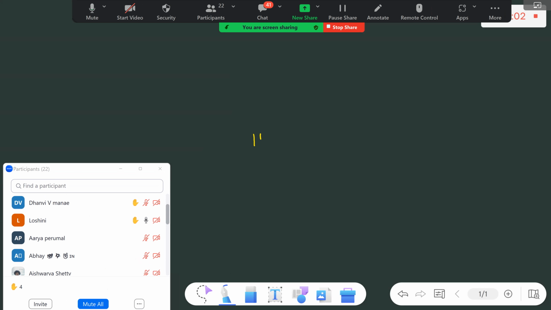Okay. So see, if we want to convert this fraction 11 by 16 into decimal, this is the same as 11 divided by 16, isn't it? So we will divide 11 by 16.